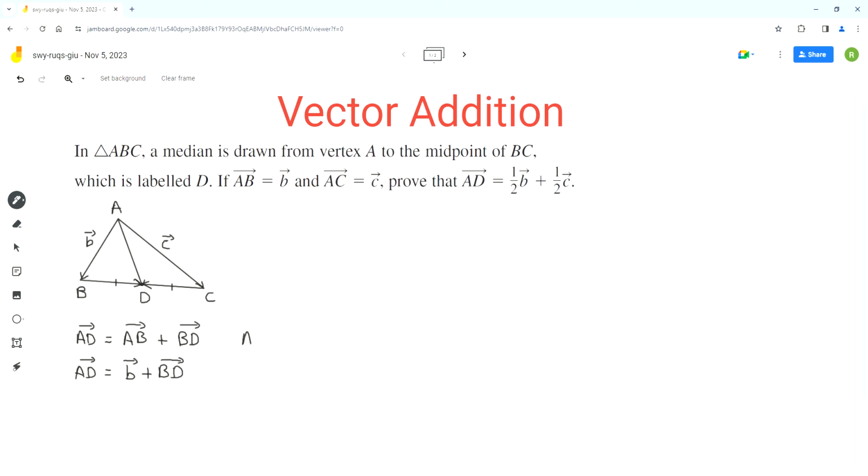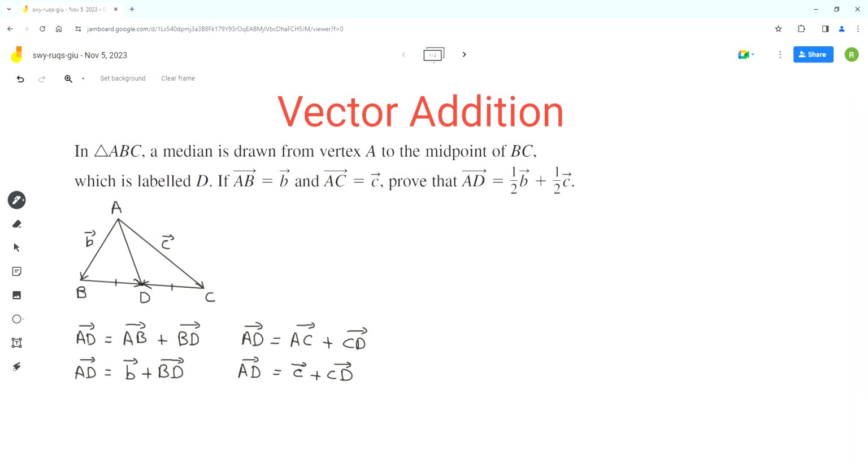AD vector can also be written as going from A to C and then from C to D. Now we are given that vector AC is equal to vector C, plus CD. So these are the two equations we have to use to prove the given statement.